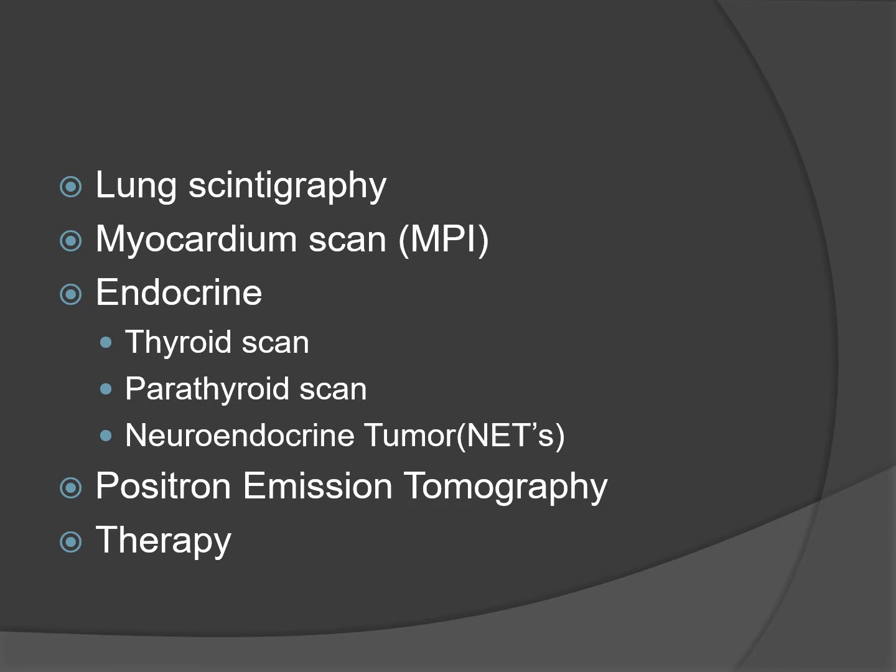And then I will share with you some lung scintigraphy, myocardium scan or myocardial perfusion imaging, and some of the endocrine imaging that we usually do: thyroid scan, parathyroid scan, and neuroendocrine tumor scan. Then I will share some images of positron emission tomography and some examples of the therapeutic application in nuclear medicine imaging.